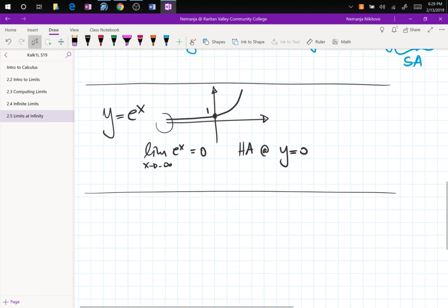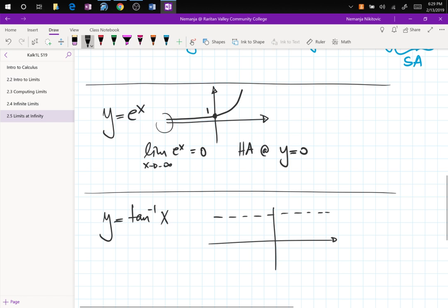Another example that you will see in your future math courses is y equals inverse tangent of x. This is an amazing function because it gives you two horizontal asymptotes. There is going to be a horizontal asymptote at negative and positive pi over 2 on the y-axis, and the graph is going to snake through like this.